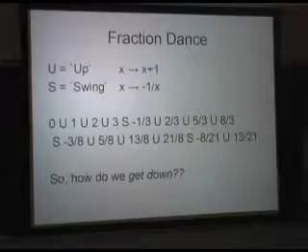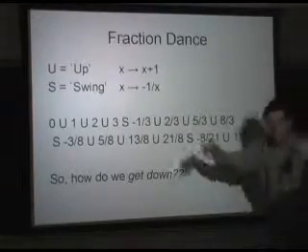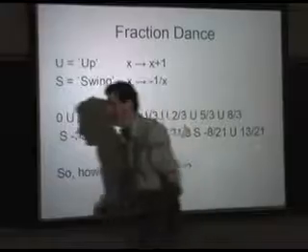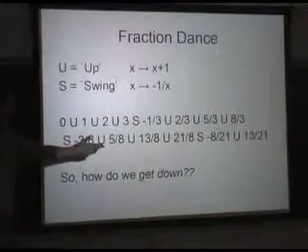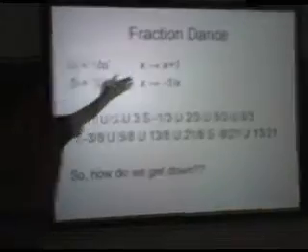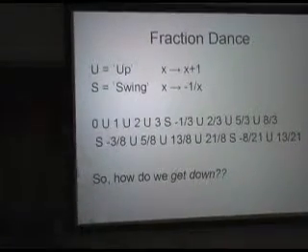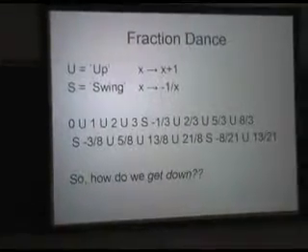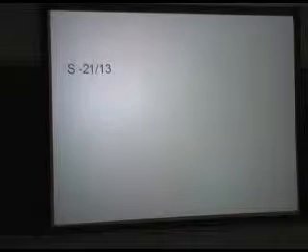And this leaves us with the question, how do we get down? And so to get a fraction down lower, well, all we can do is add to it. If we make the thing negative, then when we add, it will get closer to 0. So perhaps from here a good idea is to do a swing. Now it's negative.